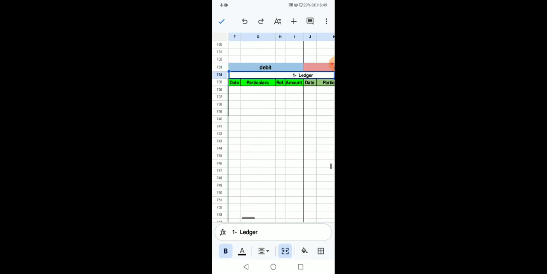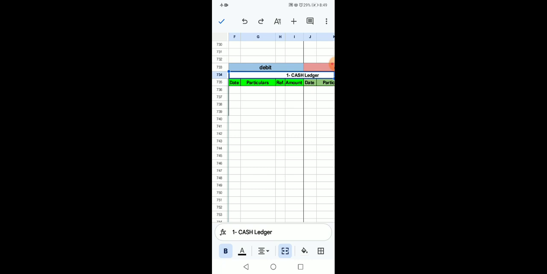Now as our first ledger is the cash ledger, the step we have taken is to write the title. Now see here, our first entry has cash and it is written on the debit side. The rule we have described is, if cash is debit, go to the debit side of the ledger.